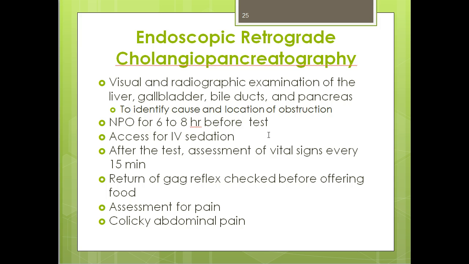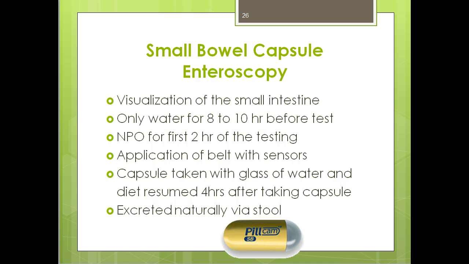They're NPO 6 to 8 hours before the test, and with all these exams, if you're going down somebody's throat, you want to make sure that you monitor the gag reflex and make sure that it returns before offering somebody any food. You're going to assess for pain, and sometimes people complain that they feel a little colicky afterwards.